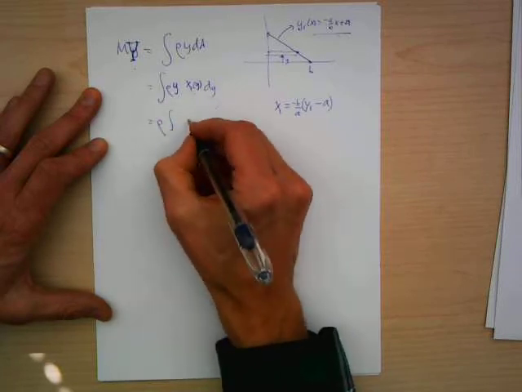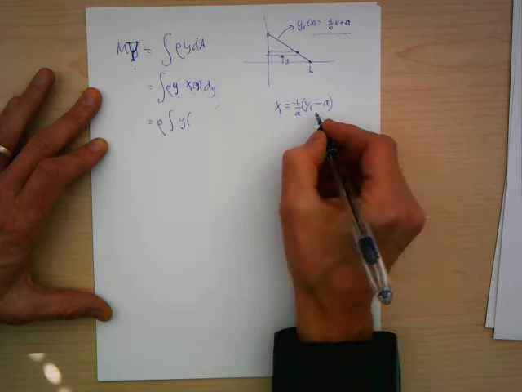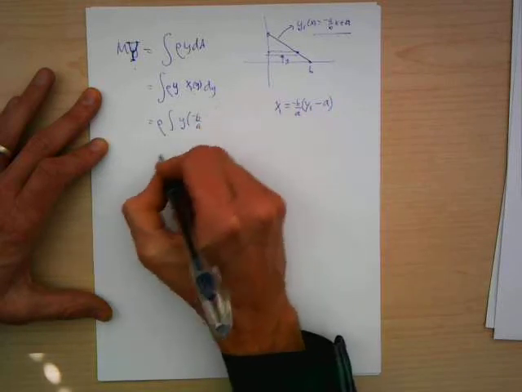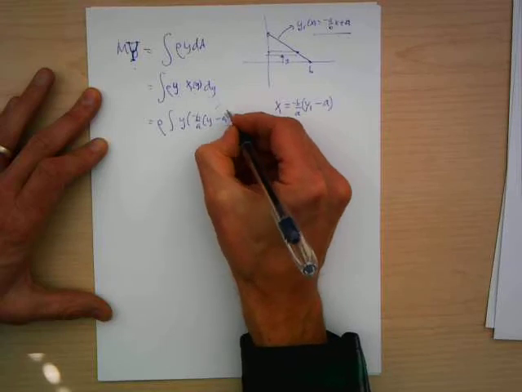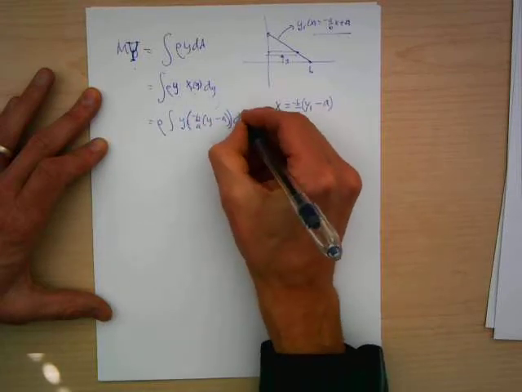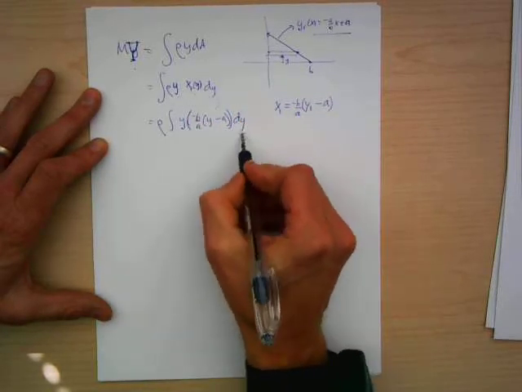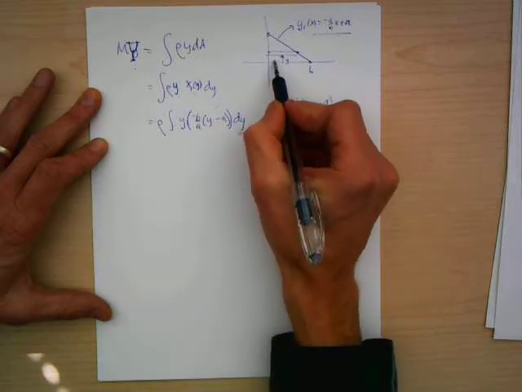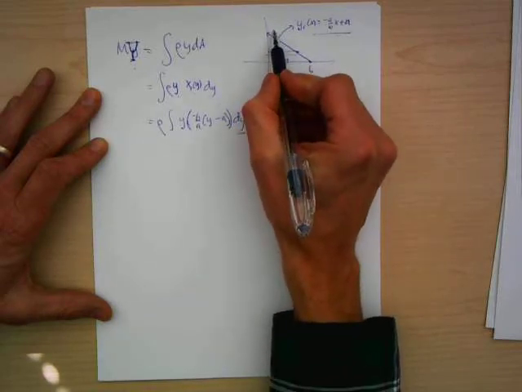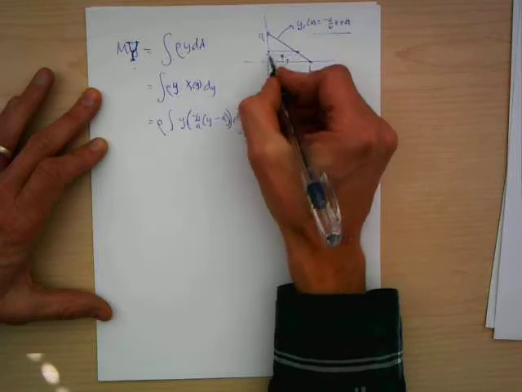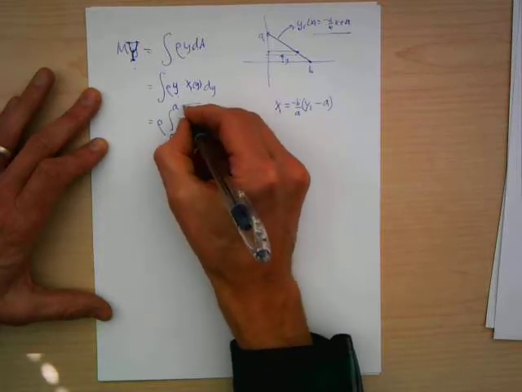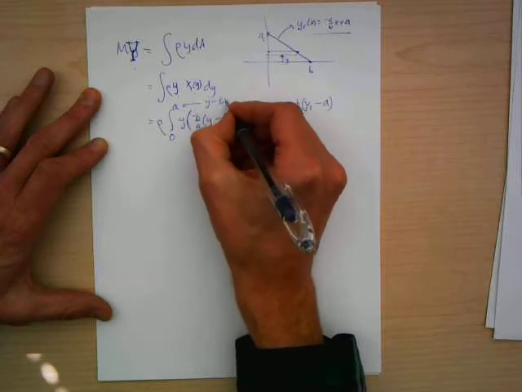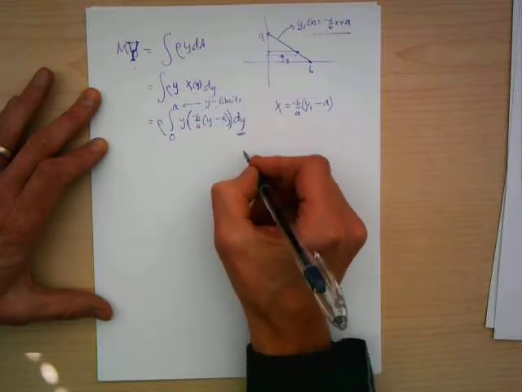I'm going to integrate y times minus b over a, y minus a, dy. And what am I integrating from? I'm integrating strips from here up to here, from 0 to a, the limits. Notice these are y limits because we're doing the integral with respect to y.